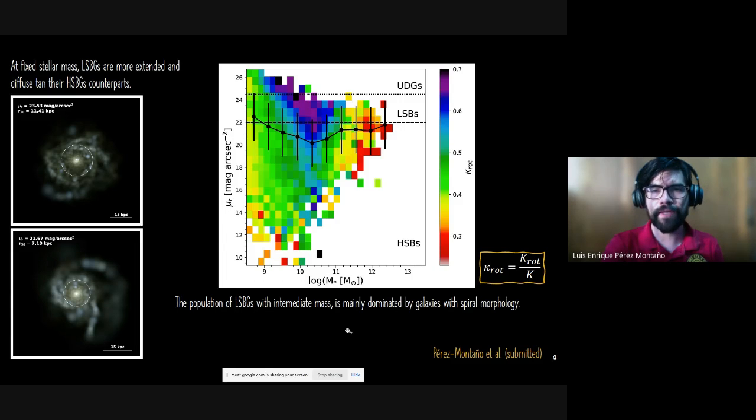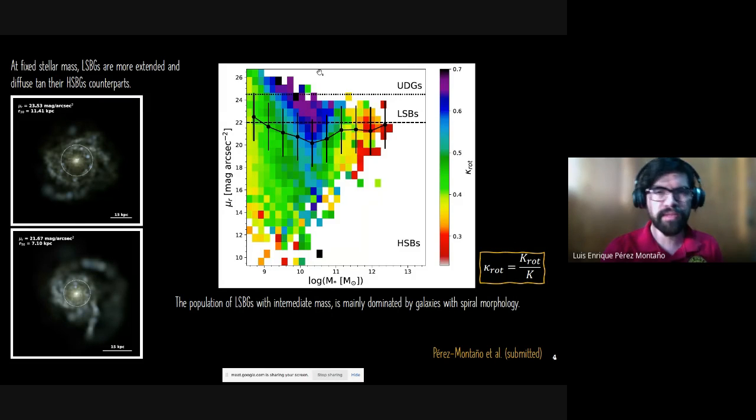Many of these galaxies are presented in many morphologies, but in particular, the LSBG population is dominated by galaxies with this value kappa, which is the fraction of the kinetic energy related with rotation divided by the total kinetic energy of the motion of the stars. And this is strongly related with the morphology of the galaxies.